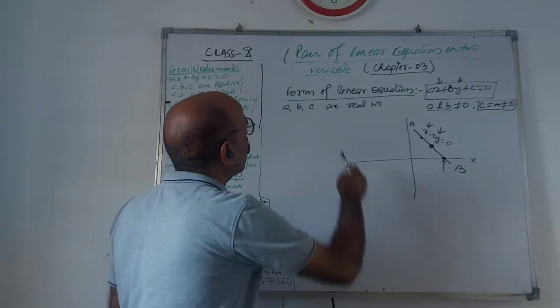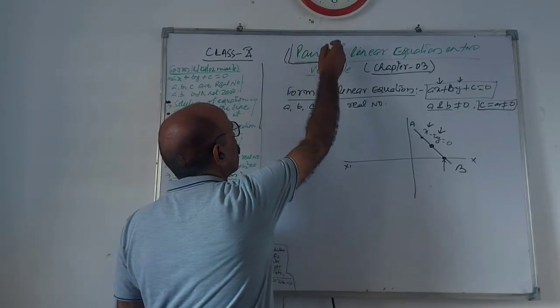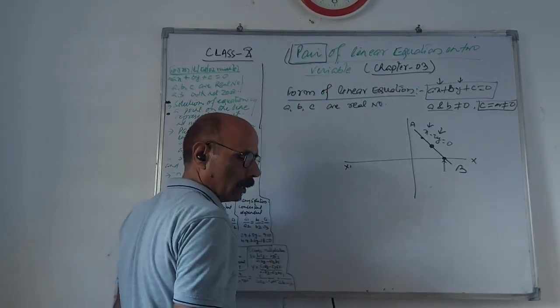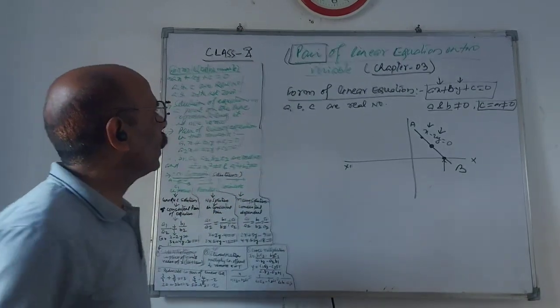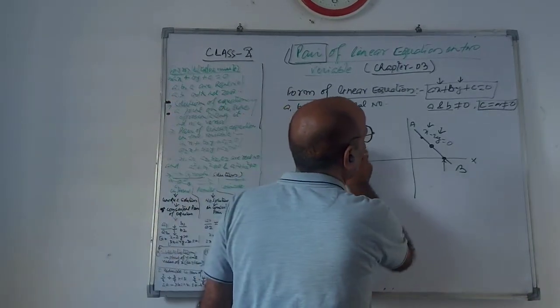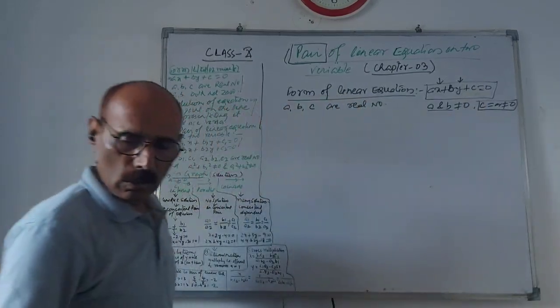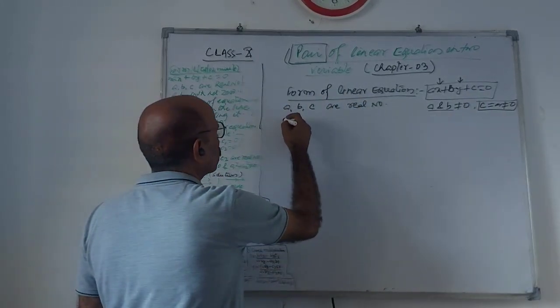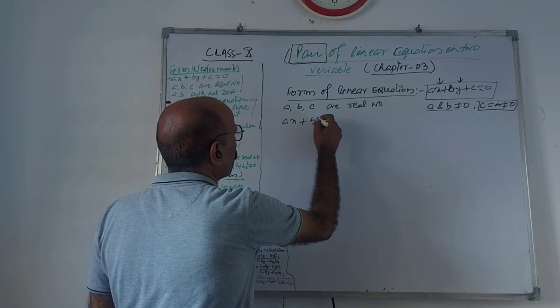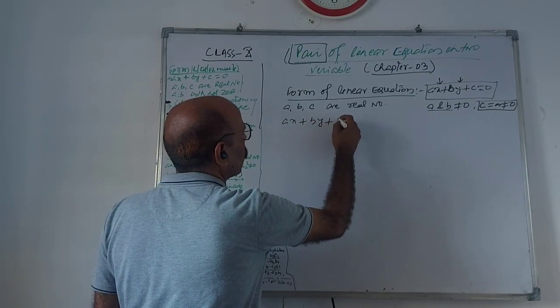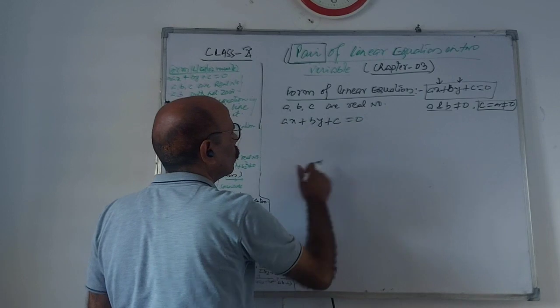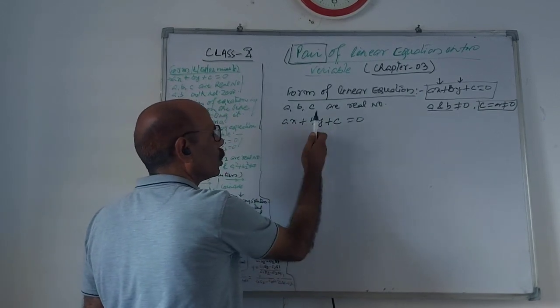Now, pair of linear equations. See, here our heading is pair of linear equations. For one equation, the form is ax plus by plus c is equal to 0. A pair means two equations.